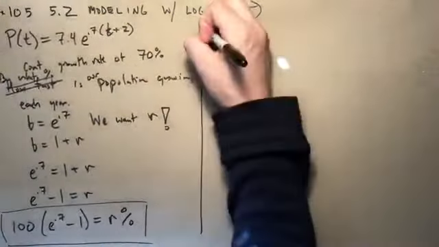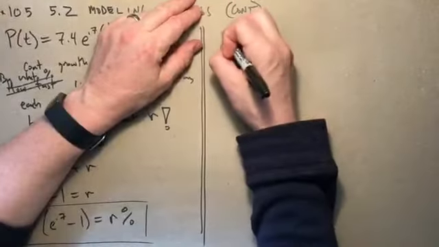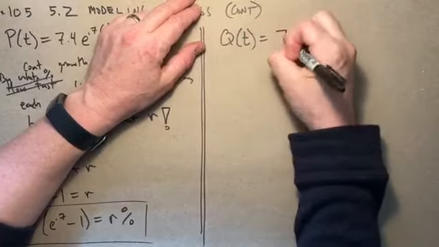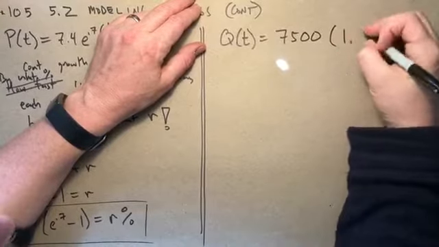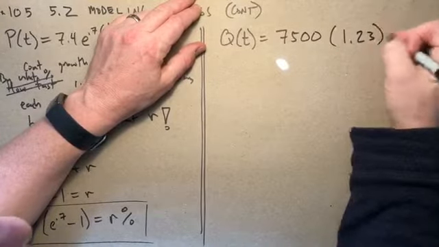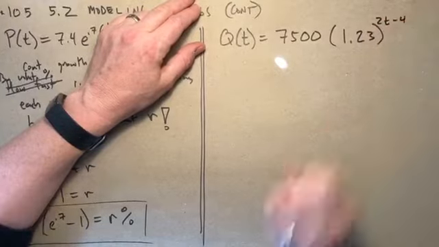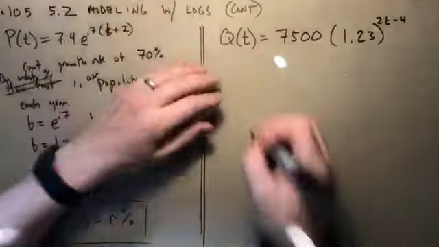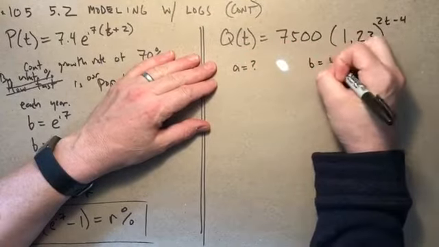Let's do one last problem similar in nature to this. Let's have some population, Q of t is equal to 7,500 times 1.23 raised to the 2t minus 4. Now, I think before we do anything, we should probably figure out what A is equal to and what B is equal to.